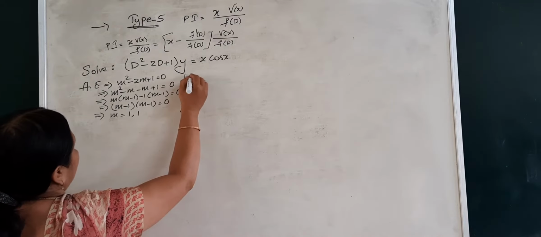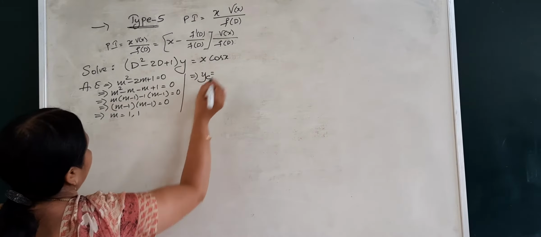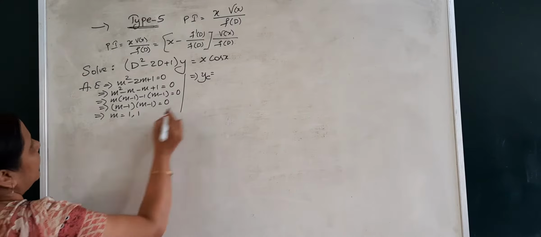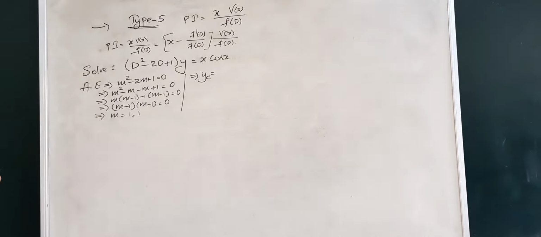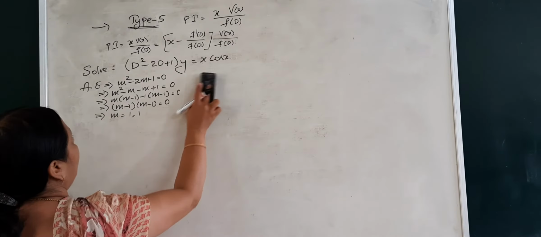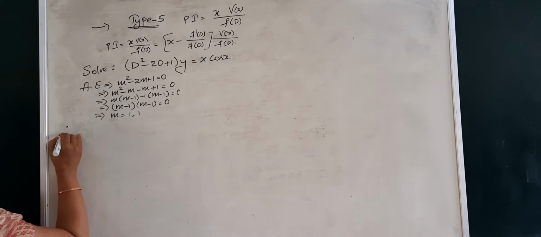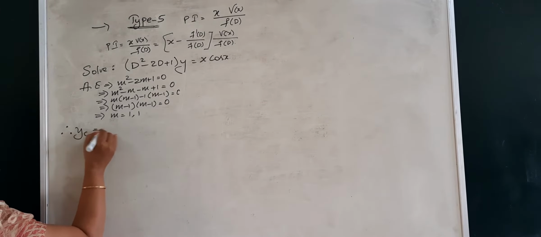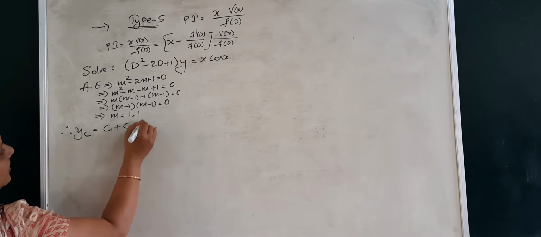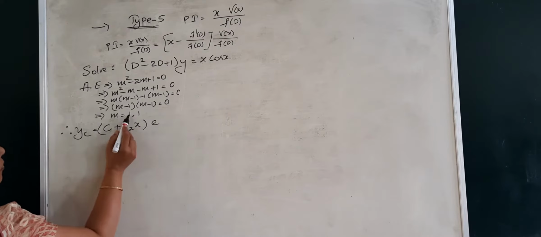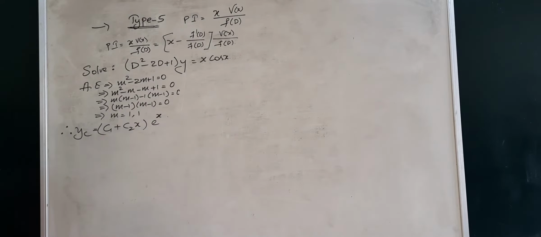Therefore yc, the complementary function, is (c1 + c2 x) times e to the power 1x, which is just eˣ. This is the first part of your solution.